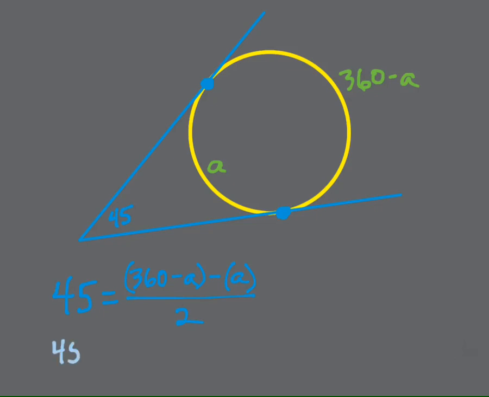So we have 45 equals 360 minus 2A, divided by 2.